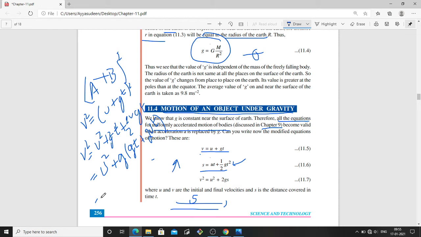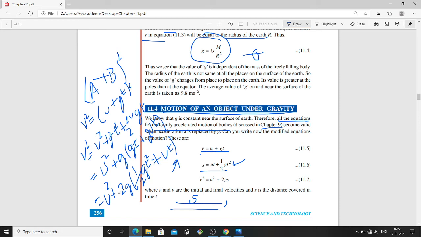Now what we are going to do? We are going to take 2 as common. So u square plus 2g, since there is no 2 here, it will become 1 by 2 gt square, plus, here if we take 2, only ut will be remaining. So ut will be there.